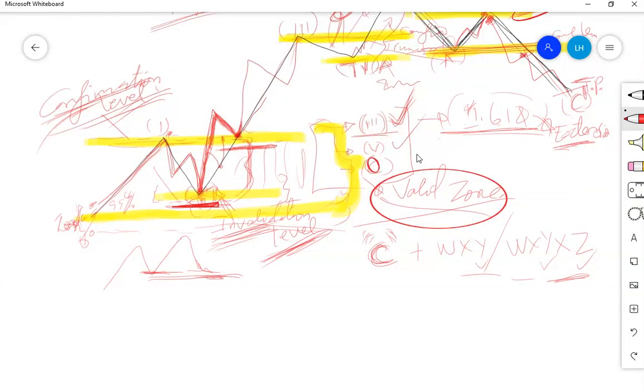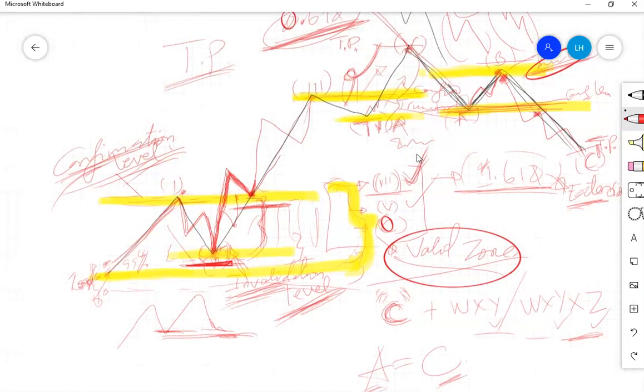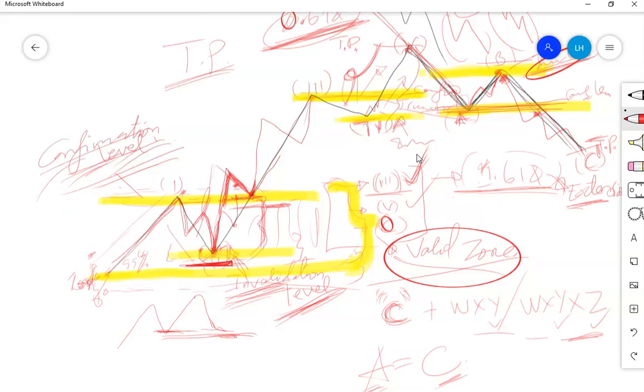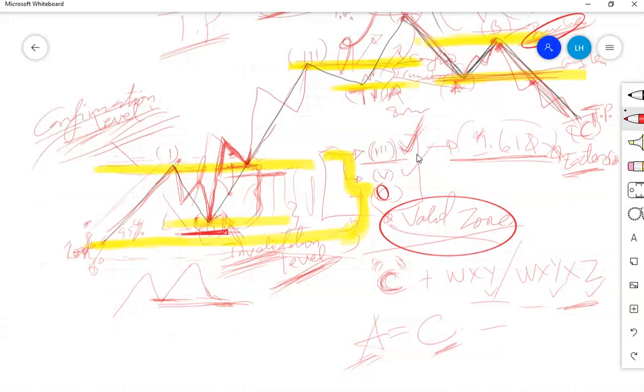Based on wave relationship, the distance traveled by wave A is in most cases equal to the distance traveled by wave C. So you will measure extension as usual, and you are going to put your take profit at extension of 1.0.